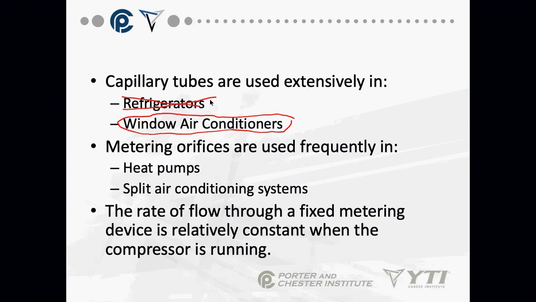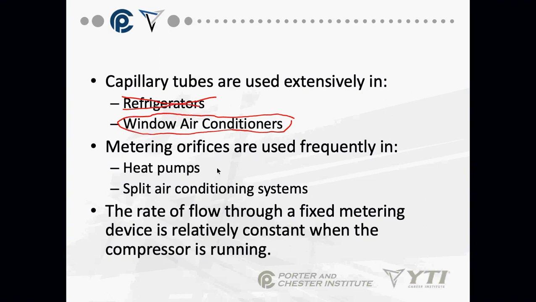Home appliances have gone to the top of the efficiency curve because that's the only thing that separates them from their competitors, is how efficient their equipment is. I can get great efficiency out of changing my metering devices. So primarily in air conditioning, you're going to see cap tubes in window air conditioners.